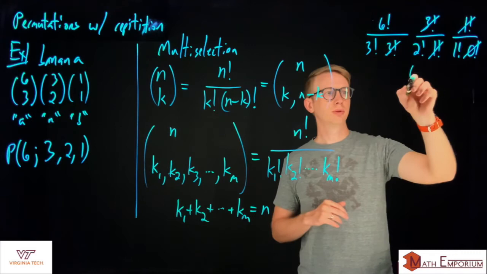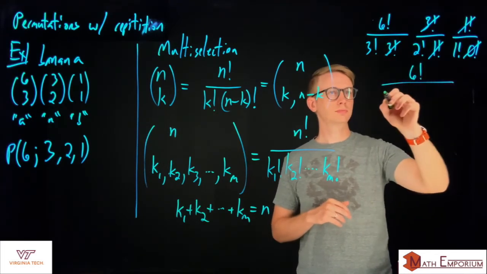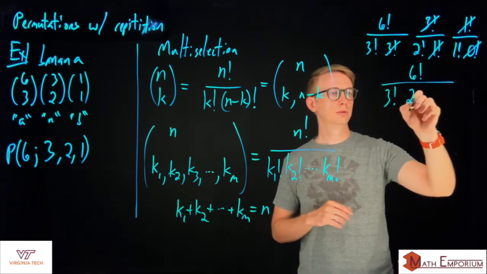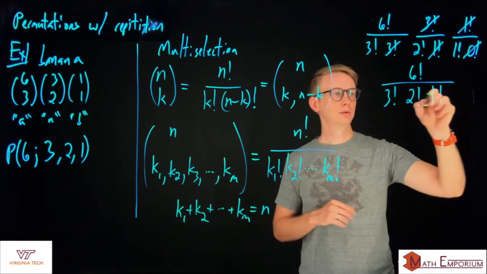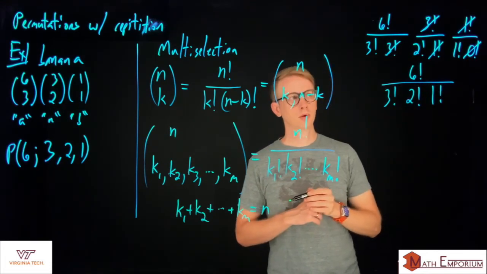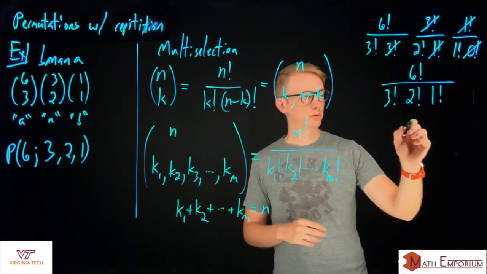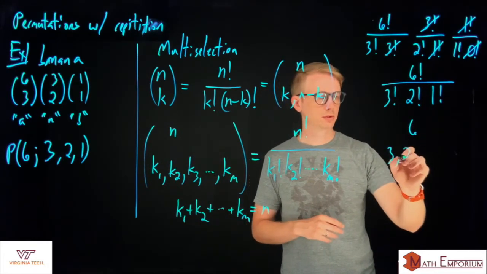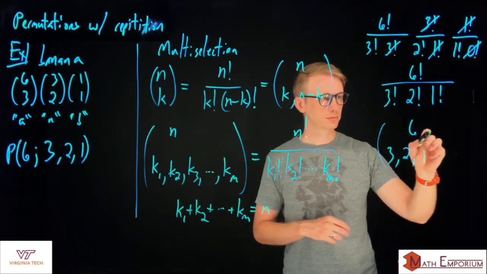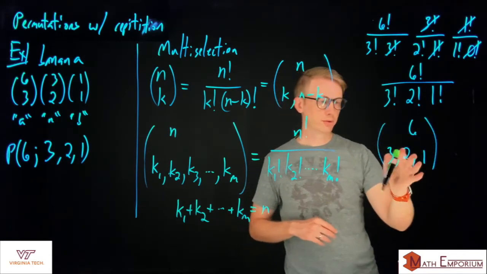So what we ended up with here is 6 factorial over 3 factorial, 2 factorial, 1 factorial, and what I'm trying to connect this to is it's equivalent to doing 6 choose 3, 2, 1, and you can reorder these, right?